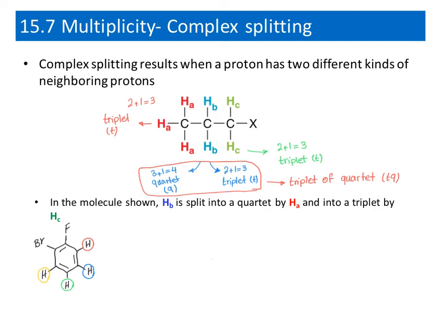Now let's look at the multiplicity of each hydrogen. So this hydrogen is connected to this carbon. On a neighboring carbon, we have one hydrogen. So 1 plus 1, this hydrogen should be a doublet.